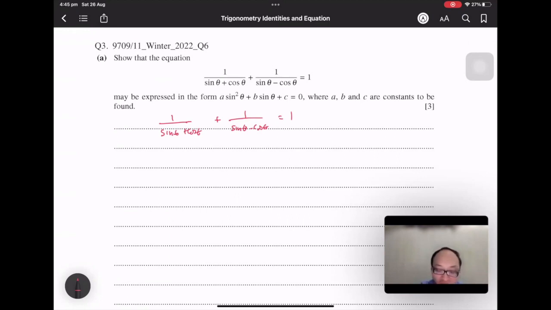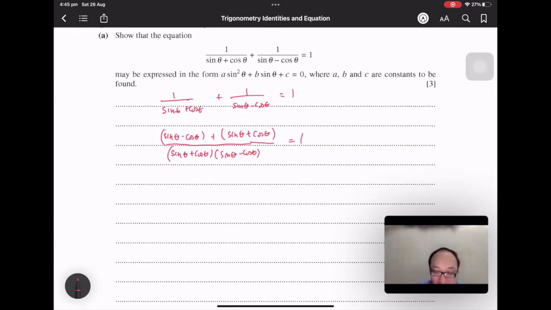I can make the denominator the same again. So sine theta plus cos theta, sine theta minus cos theta. So this one multiplied by sine theta minus cos theta. This one multiplied by sine theta plus cos theta equals 1.